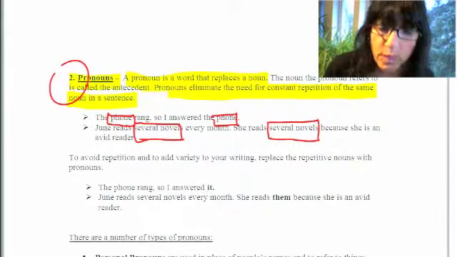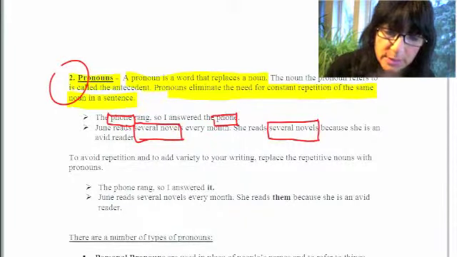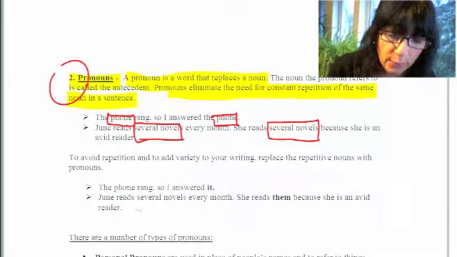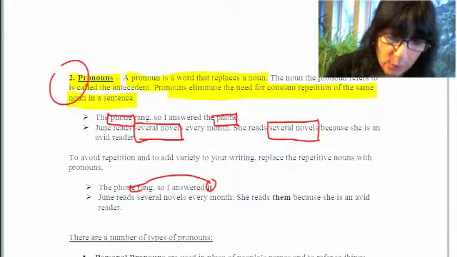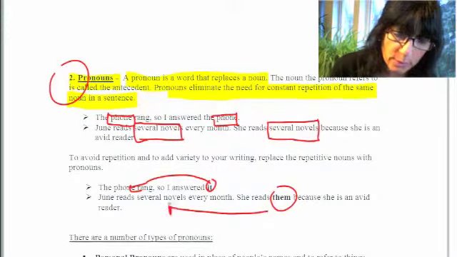So to add variety to your writing, to avoid the repetition, let's see what we can do. For the first sentence, you could have said the phone rang, so I answered it, referring to the phone. In the second example, June reads several novels every month. She reads them because she is an avid reader, referring to novels.